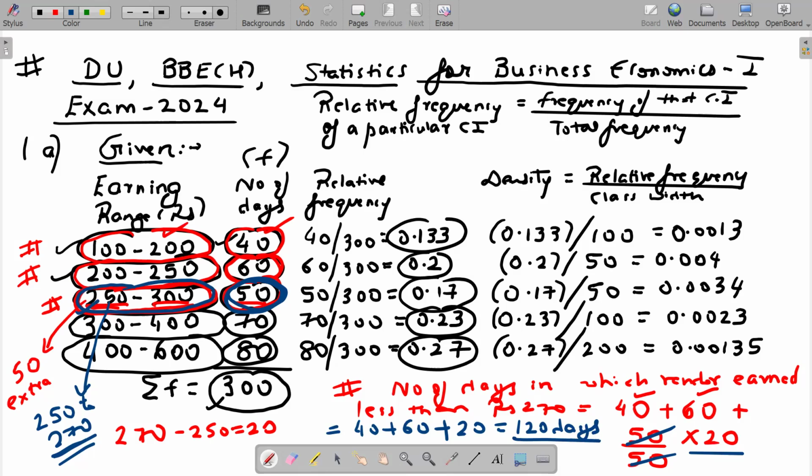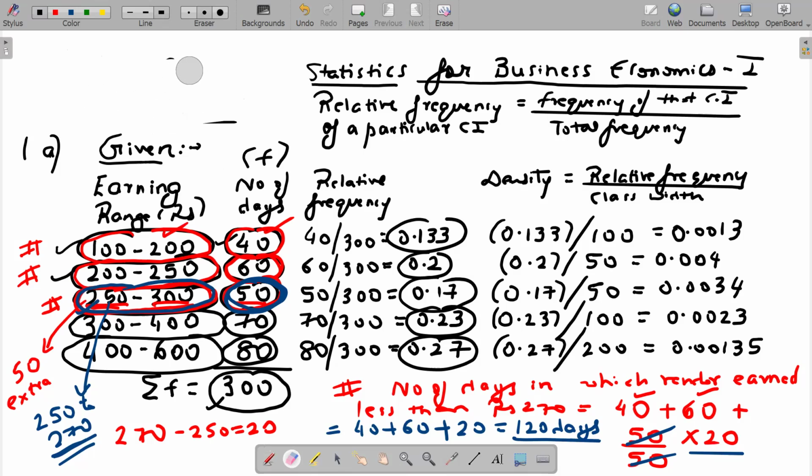But the question asks in percentage terms, right? If you look at the question, it asks you in percentage terms. So I can erase the initial portion off and I can write on the top what is going to be the percentage number of days.